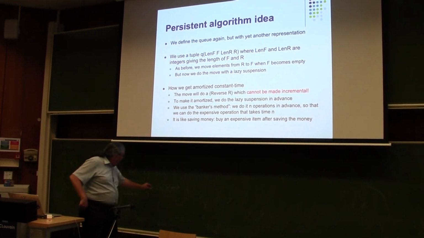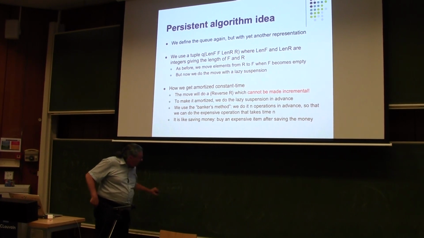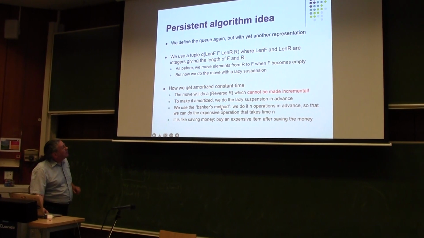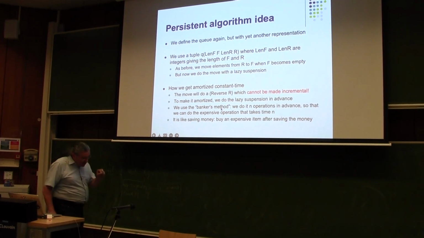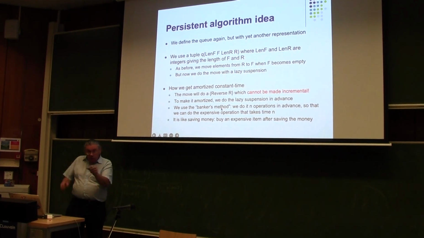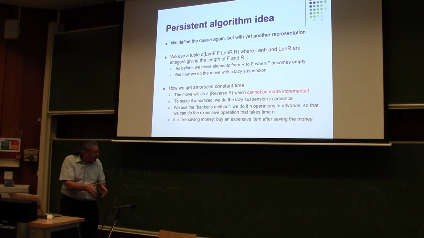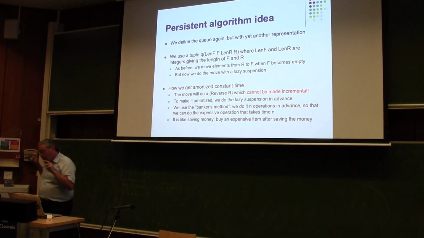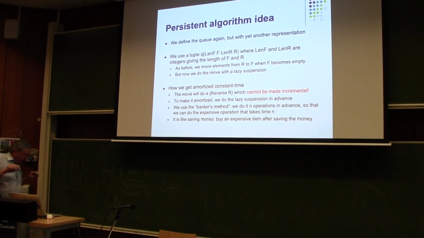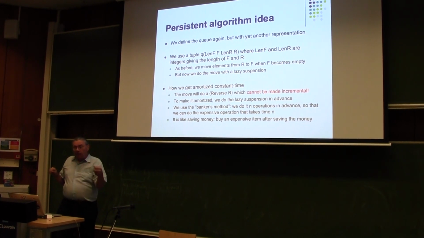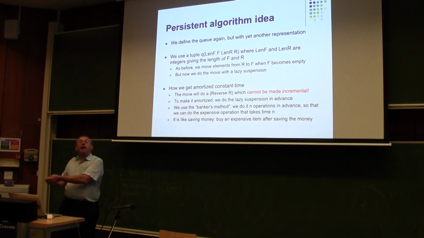And to make it amortized, we will use a technique called the banker's method. When you do an expensive operation, you have to pay money. The time is like money you're paying. The banker's method to make an amortized algorithm is to save money in the bank. And when you have enough money in the bank, then you can buy the house.